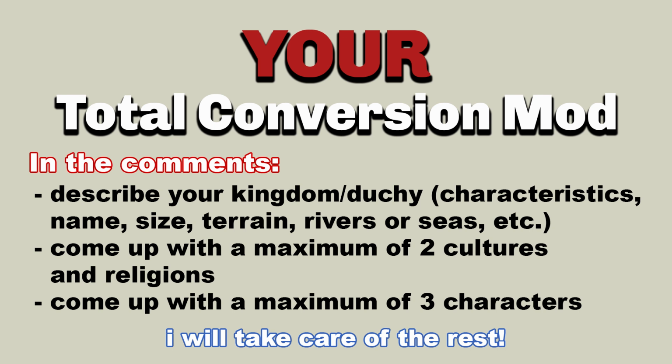So each and every one of you that want to be included, describe your kingdom or duchy via characteristics, name, size, terrain, rivers or seas, etc. Come up with a maximum of 2 cultures and religions that I can code into the game, and come up with a maximum of 3 characters and also a few other details that you want to be included. And I will take care of the rest by the next video.